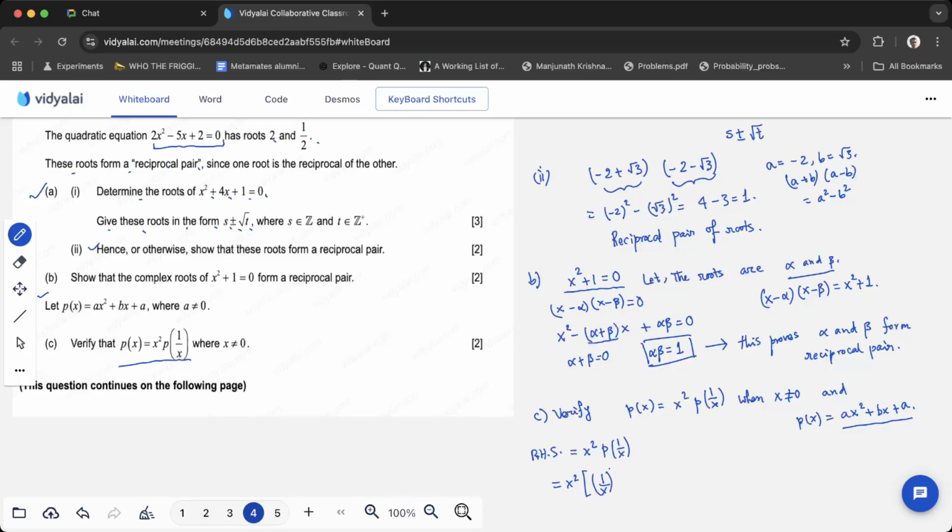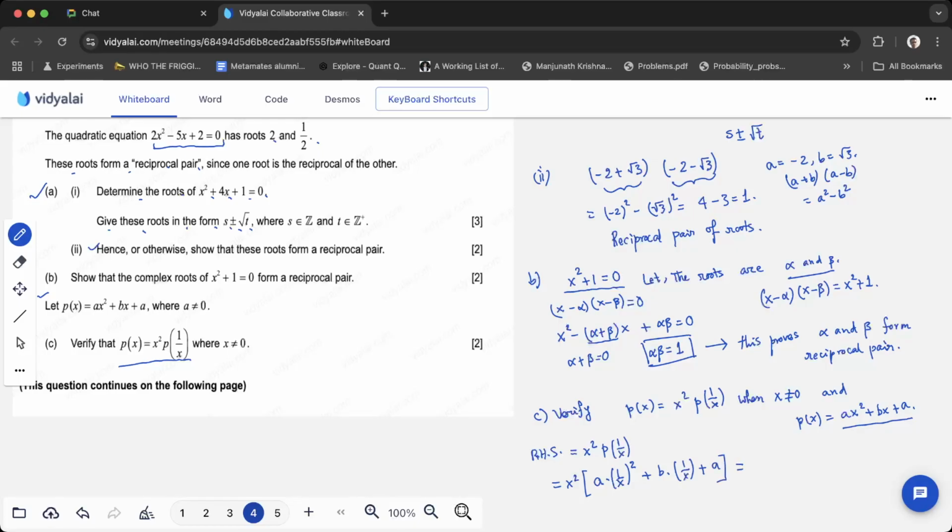So let me just write it clearly here. Instead of a x squared, we will write a times 1 over x squared plus b times 1 over x plus a.